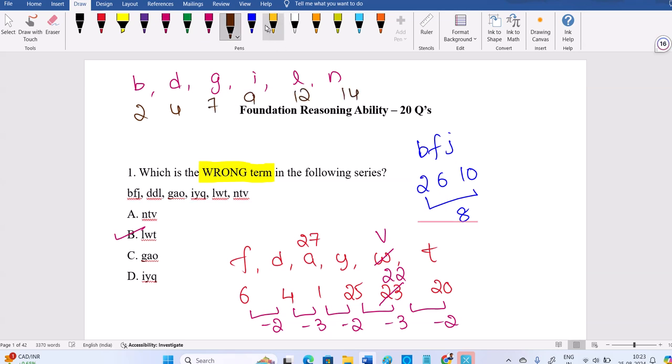You can observe this is following plus 2, plus 3. The middle one is minus 2, minus 3. Likewise, the process is going on, and we can easily identify the wrong term is LWT. It should be LVT. Right, so the wrong term is option B.